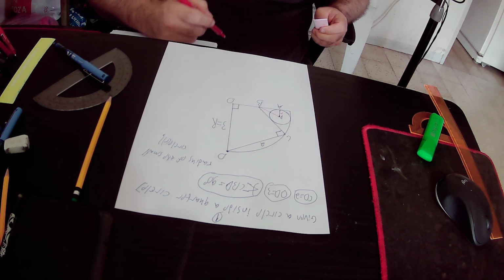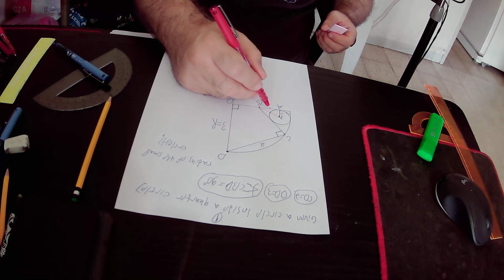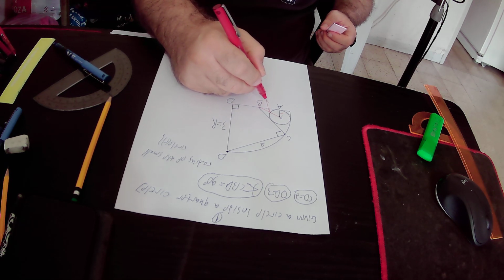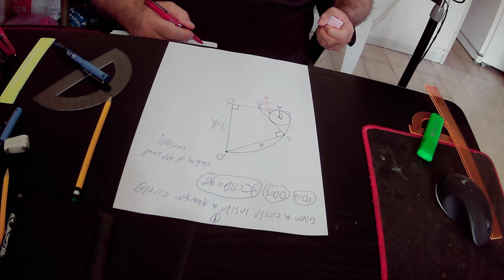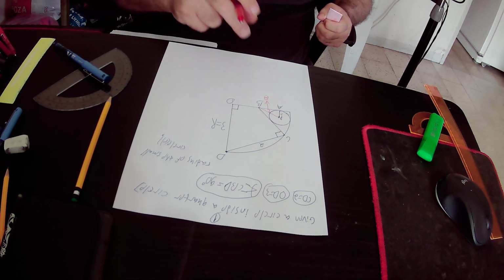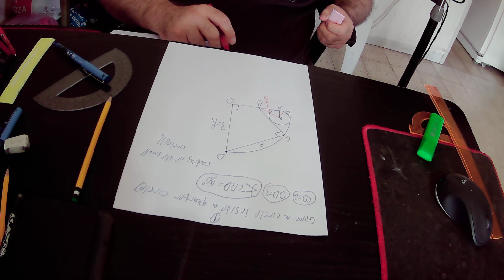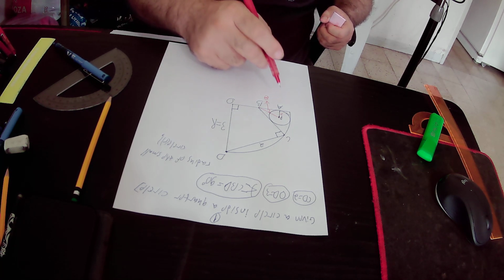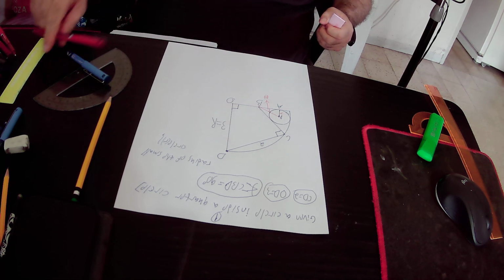And we will define angle ABP as theta. Actually BA is tangent to the small circle at point A, and AP is the radius.